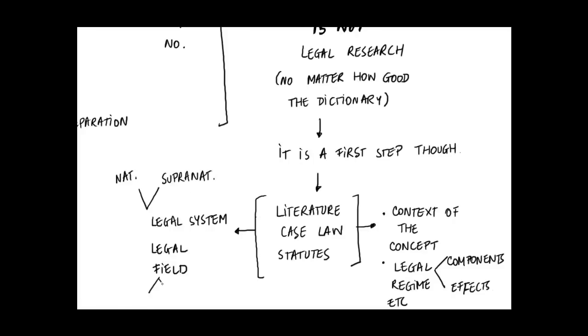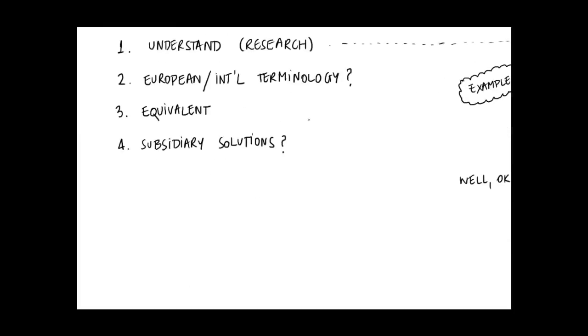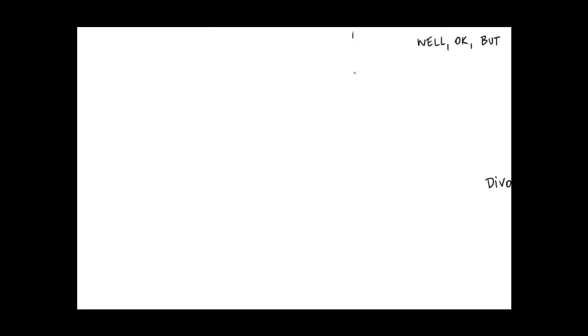They might lead to the same result, but then how are they different? And the research is going to, of course, take you into different legal systems, not only the national ones, but also the international ones. And those are going to be very, very important differences to keep in mind.